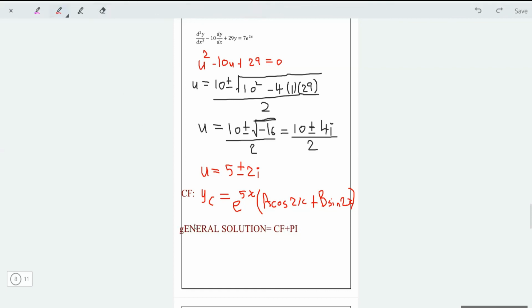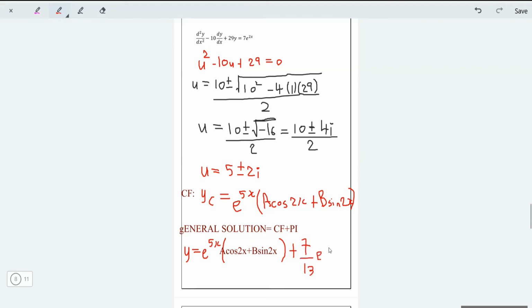So our general solution y is equal to the complementary function, e to the 5x multiplied by, let's save some space, a cos 2x plus b sin 2x, and then all of this plus the particular integral, which is 7 over 13 e to the 2x.